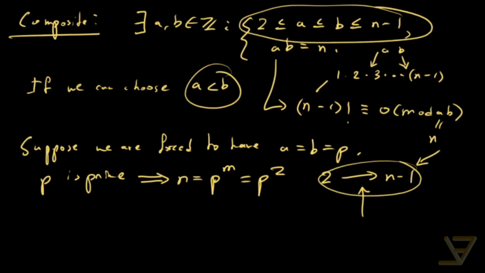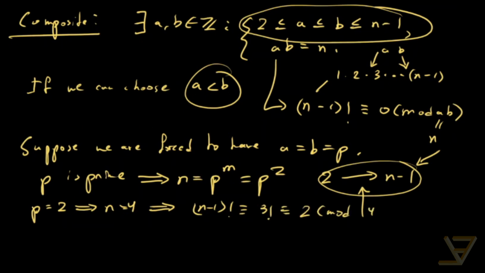We're going to split this into two cases. If p is equal to 2, then n is equal to 4. And what that means is n minus 1 factorial is congruent to 3 factorial, which is congruent to 2 mod 4. And if p is not 2, then that means p is greater than 2. We have some inequalities in this case.